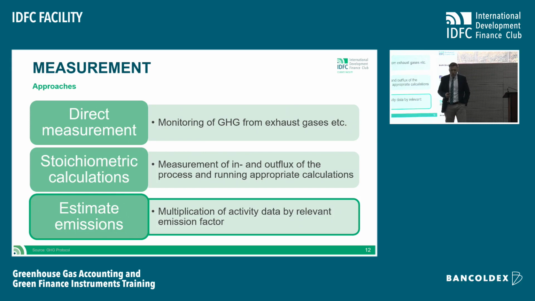When it comes to measurement or data collection, there are different ways, as I mentioned. So, of course, first is the direct measurement of greenhouse gases, which doesn't happen too often. Only big facilities, big production lines, big companies do it on the level of particular installations.